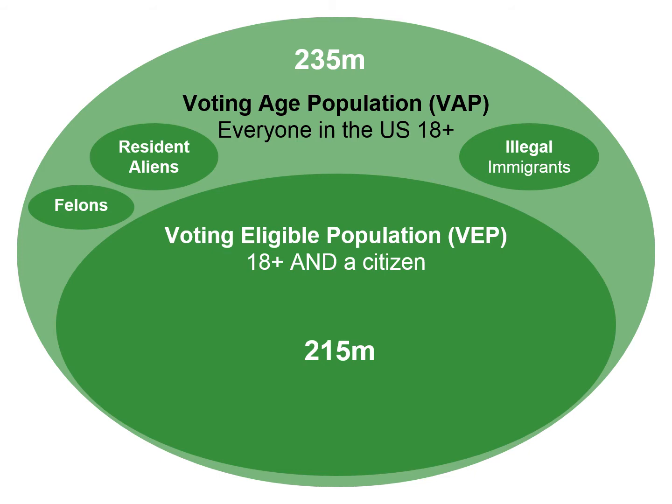We have more resident aliens, we have more illegal immigrants, and more felons in the United States. And so those two lines on our graphs are kind of going to start to diverge. You can see the numbers today are about 235 million Americans that are included in the VAP, and 215 million Americans included in the VEP.